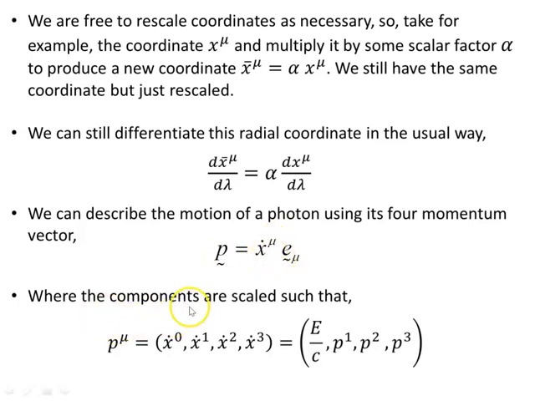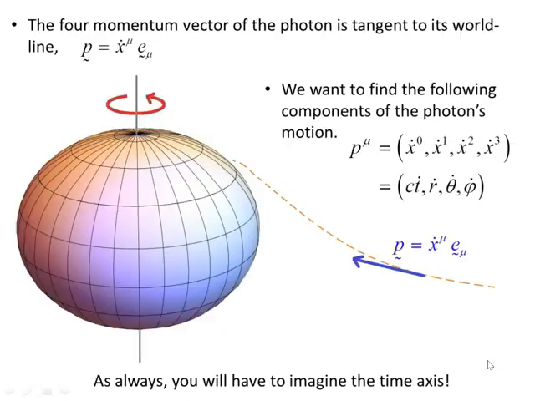So the components of P, the vector P mu, are x dot 0, x dot 1, x dot 2, x dot 3, which is E on c, P1, P2, P3, the usual components. We have to scale in this fashion so that we can use the derivatives of those coordinates to represent the components of the four-momentum vector for a photon or other massless particle.